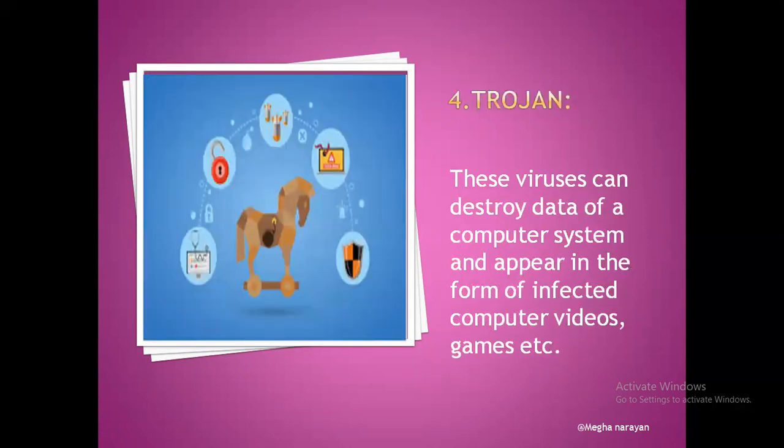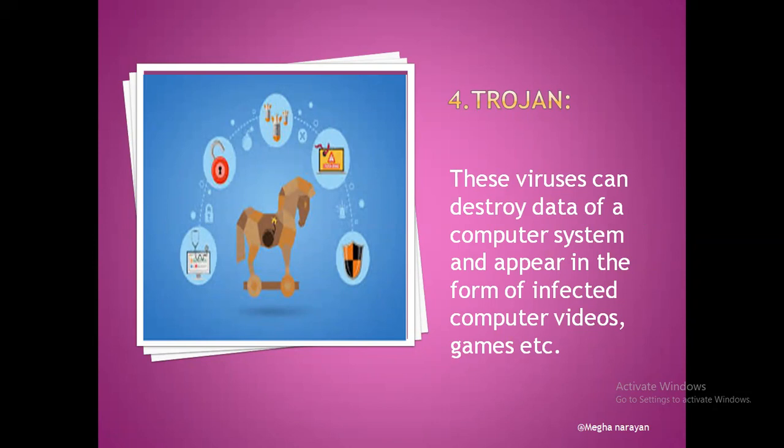Now, this is the fourth type. These viruses are known as Trojans. They destroy your confidential data. How? They appear like computer videos or simple computer games. But what do they do?